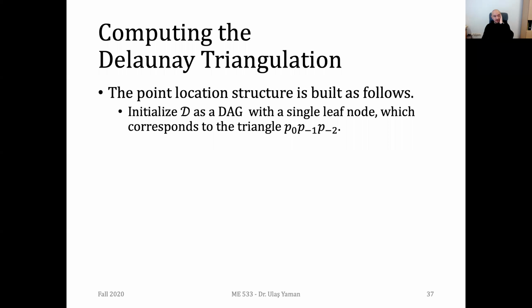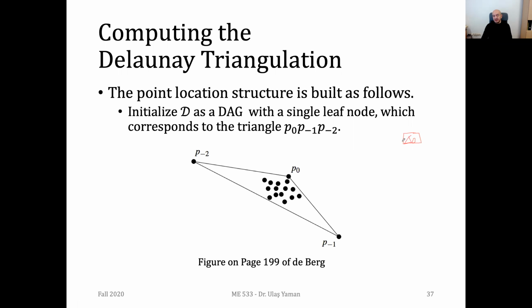So how are we going to construct this point location structure or directed acyclic graph? At first, obviously, we have a single triangle, between P0, P-1, and P-2. So we can start with a single node, and that might be triangle 0. Then if we add, for instance, this point PR, we will have some new triangles formed.